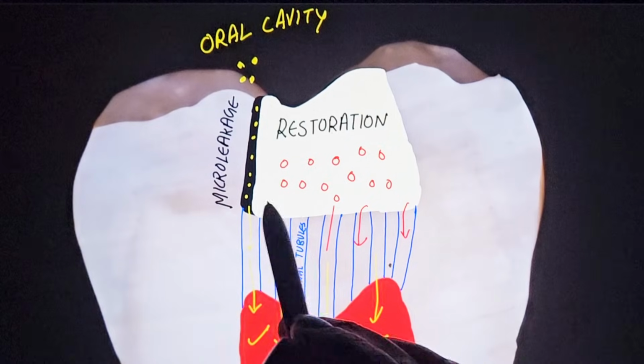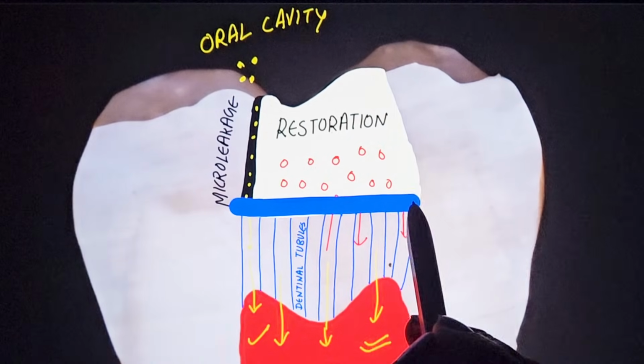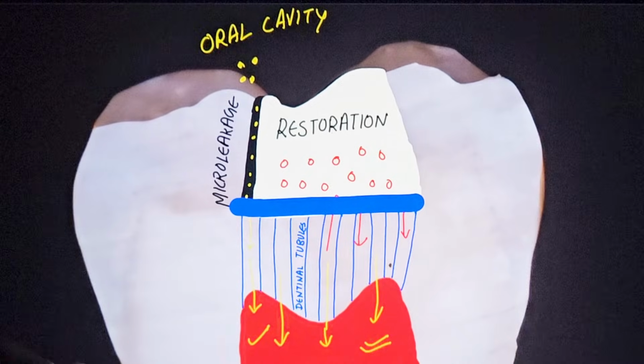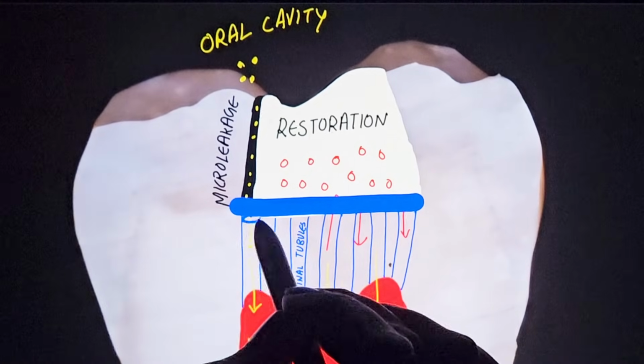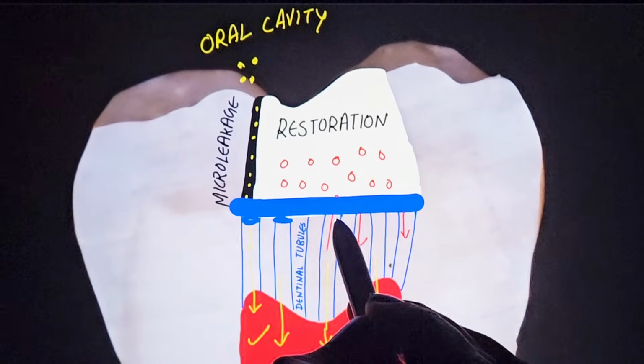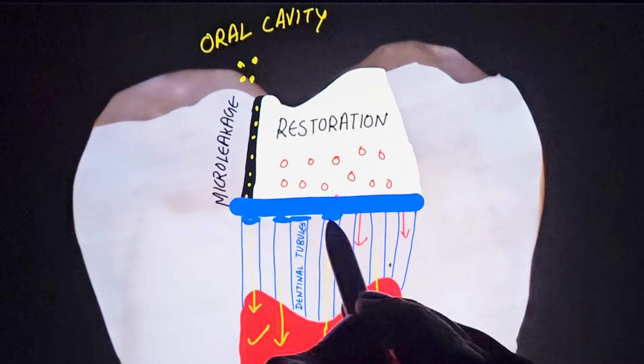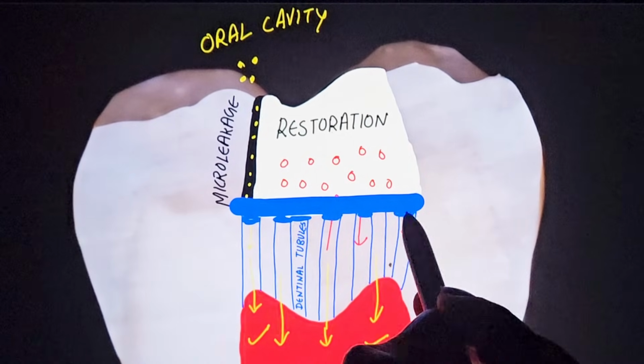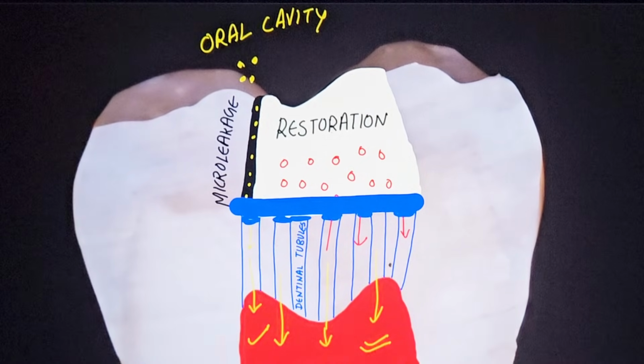So that is why we apply base underneath the restoration. It will basically seal the dentinal tubules and protect your pulp from electrical, chemical, and thermal damage.